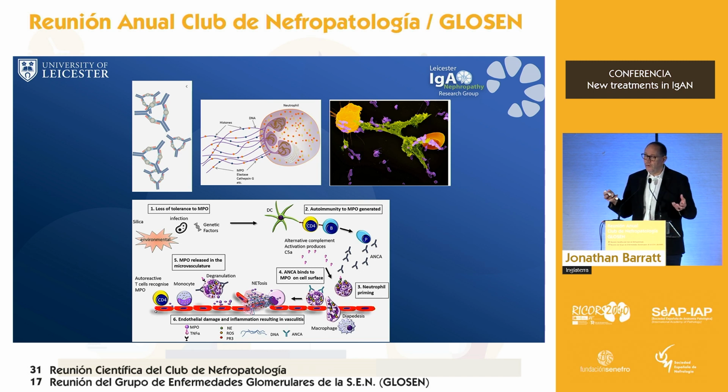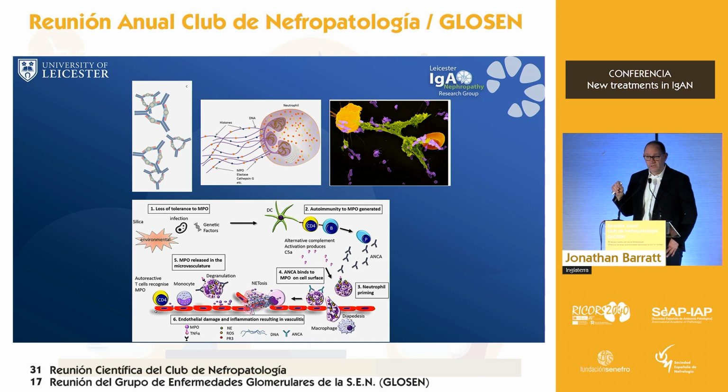Now, we've done a lot of work doing LC-MSMS, so mass spectrometry, on purified immune complexes. And we know that the proteins within those immune complexes change, and those proteins determine how able those immune complexes are to activate kidney cells.